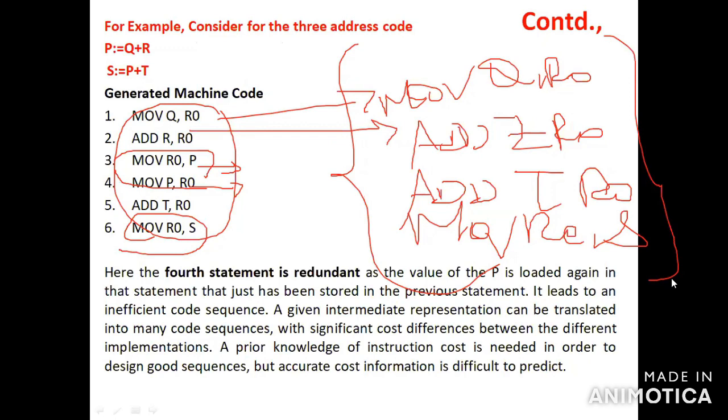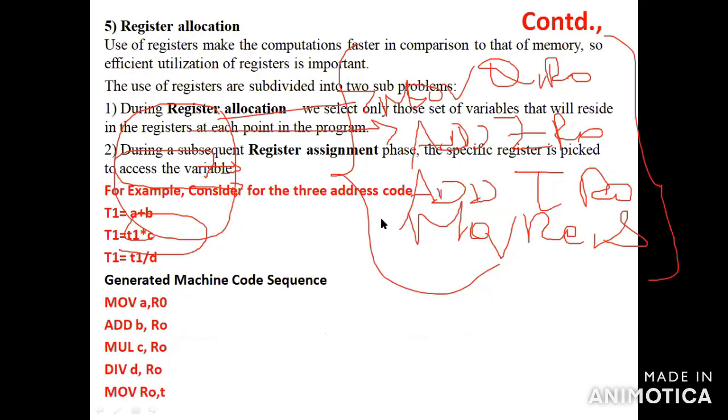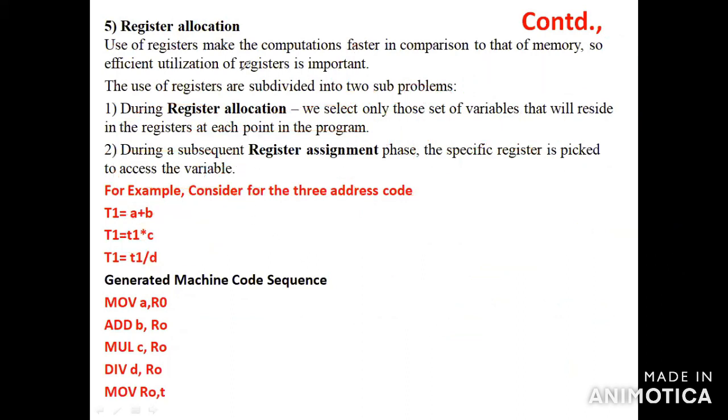What about the fifth one? The fifth one is register allocation. In register allocation, it contains the register operand. You have to store the operand in memory.